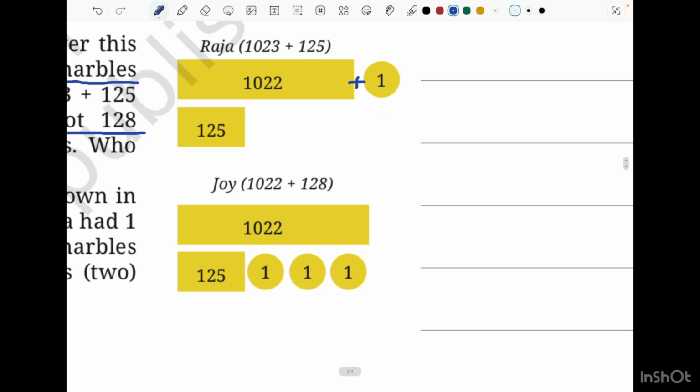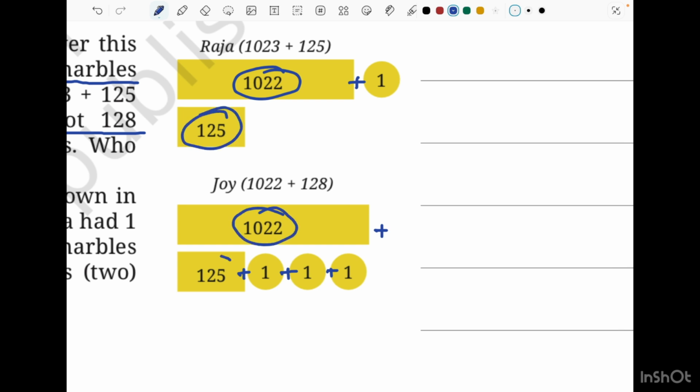Joy had 1022 plus 128, and this 128 we can express as 125 plus 3. So here 1022 and here also 1022.